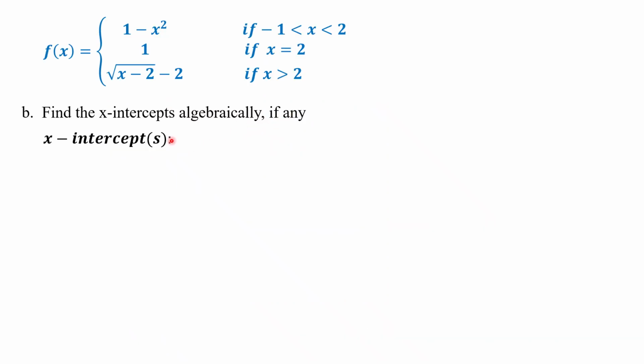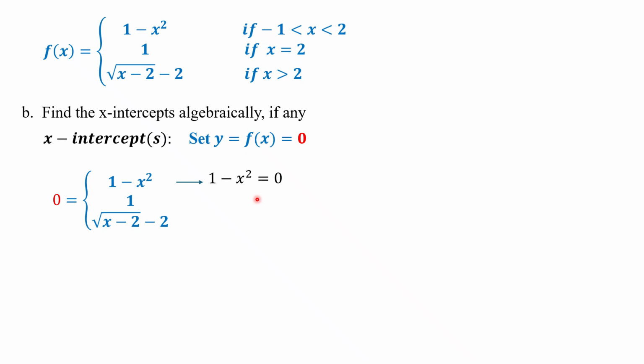The next question is finding the x-intercepts algebraically, if any. In finding the x-intercept, we have to set y or f of x equal to 0. Since the function has three equations, we have to equate each equation to 0, find the value of x, and check if it's in the domain. In the first equation, we have 1 minus x squared equal to 0. Moving negative x squared to the other side, we have x squared equal to 1. Getting the square root of both sides, we get the two x values, positive 1 and -1.